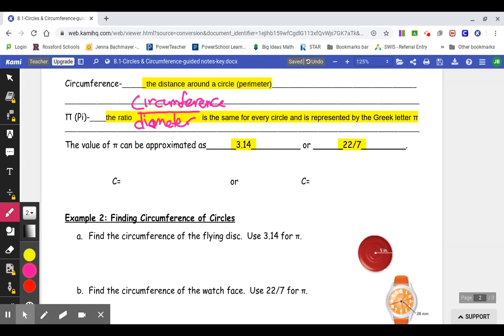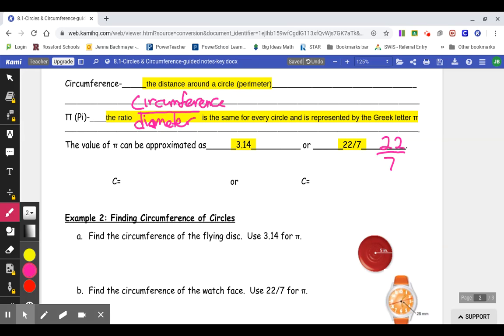So when we use pi, we know it's a comparison of circumference to diameter. The value of pi can be approximated as 3.14, or we can use the fraction 22/7.